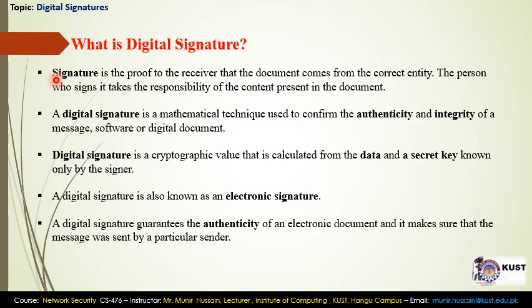Now what is a signature? A signature is the proof to the receiver that the document comes from the correct entity, that is, the right person, the right party. The person who signs it takes responsibility for the content present in the document.